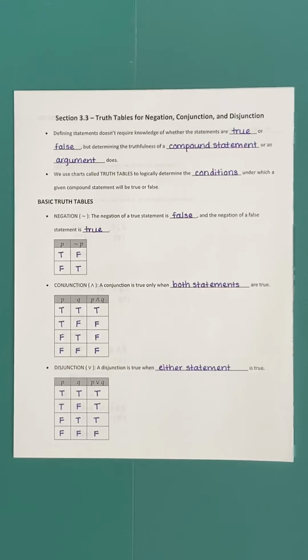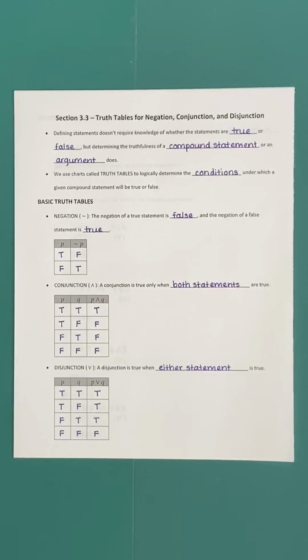That has to do with how the statement is structured. So what we want to talk about is all the information we would need to determine whether or not our compound statement is true or false, aside from what we can say about the specific content in a particular discussion, a particular argument.